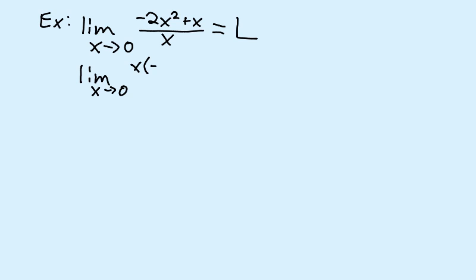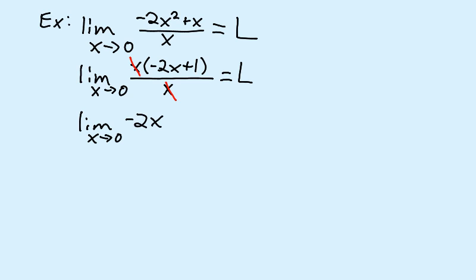So the first thing I'm going to do is factor out 1x out of the numerator and see if I can get that to cancel with the denominator. So since it does cancel, I am left with limit as x goes to 0 of negative 2x plus 1 equals my limit value, which in this case is just 1 because I can plug in 0 for x.